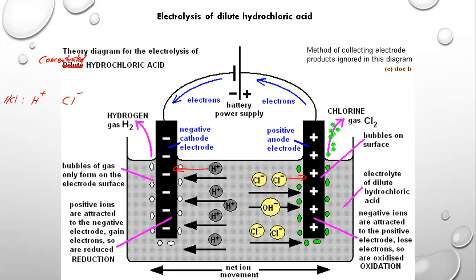But also, because it's a concentrated solution of your acid, it contains water. Whenever you see an acid, concentrated or diluted solution of an acid, water is present. So what are the ions that are present there from water? H2O produces H plus ions as well, and OH minus ions.